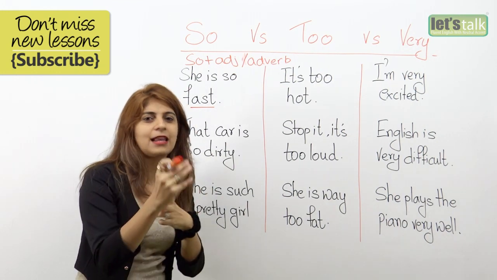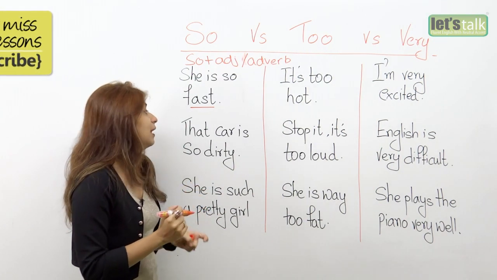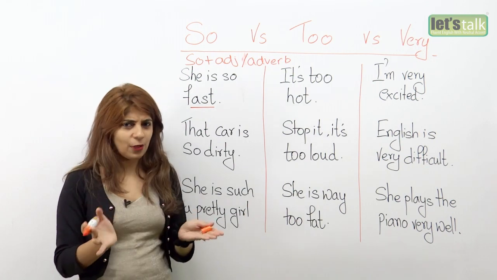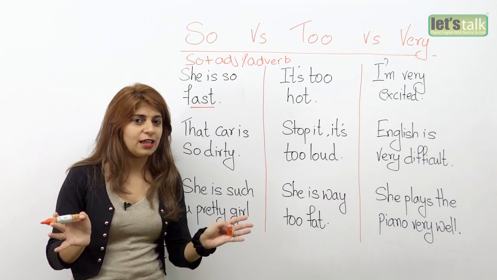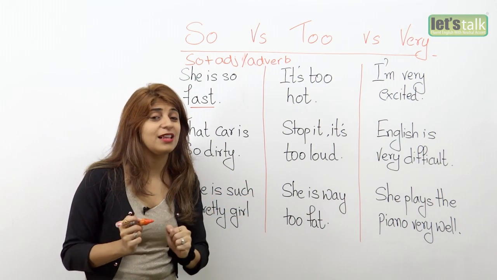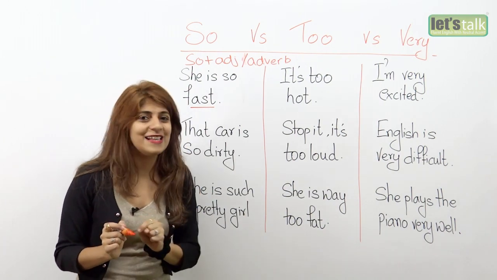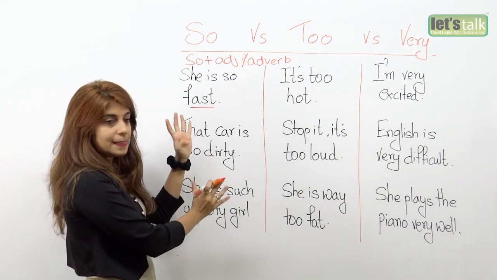Another one: that car is so dirty. We see a car here and it's dirty. Now it's so dirty, so you're adding that information that yes, that car is dirty. So these are two examples.